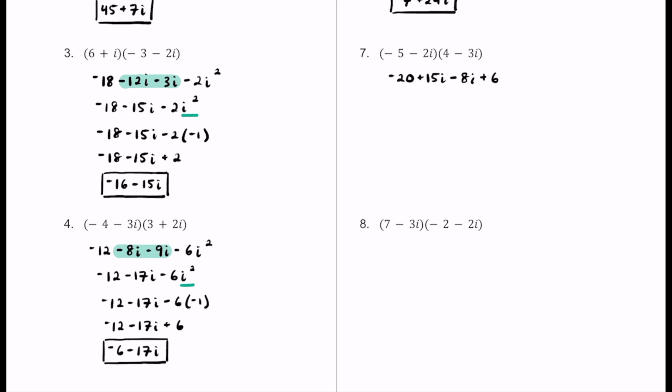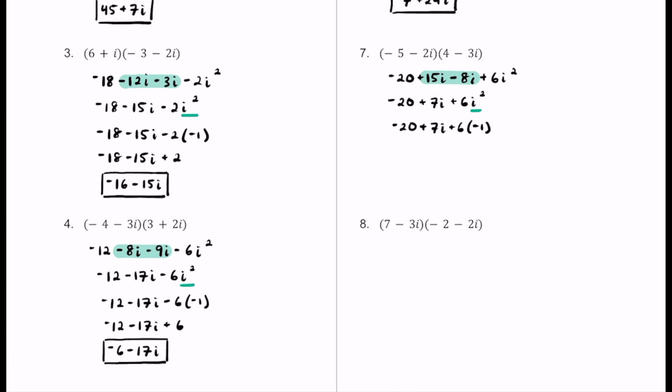So plus 6i squared. Now in the middle, we have these two terms of 15i minus 8i, we can combine those. We have negative 20, and then this is going to be plus 7i, and then plus 6i squared. Remember, this i squared is equal to negative 1, so we can rewrite this as negative 20 plus 7i plus 6 times negative 1.